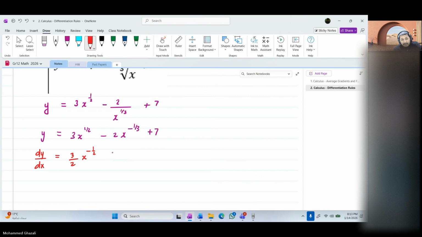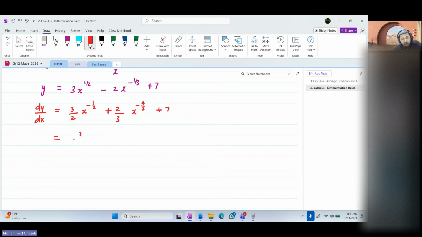Yes, and then minus 2 times negative 1 over 3 is plus 2 over 3, right? And then x to the power negative 1/3 minus 1 will be negative 4 over 3, plus 7. And then we're going to write this in positive exponent form.